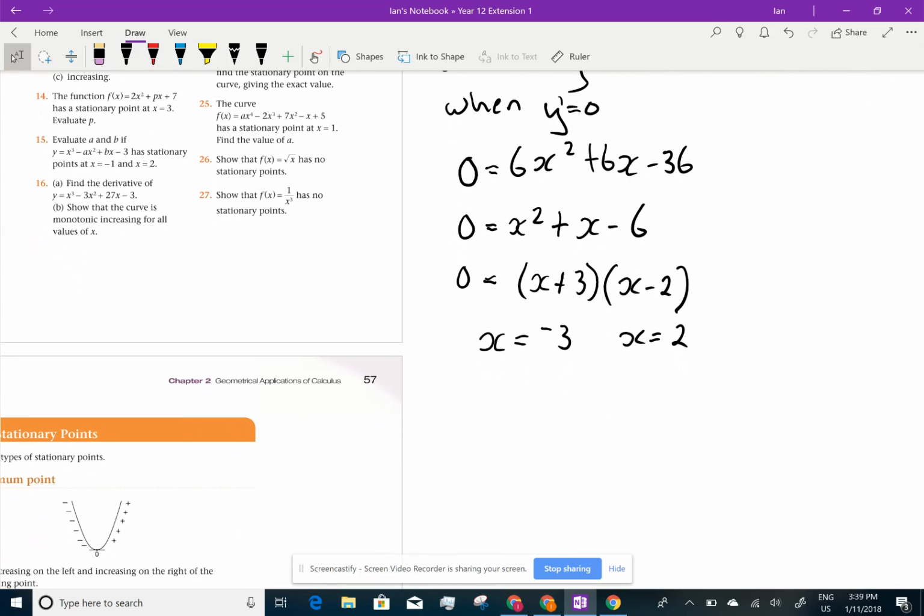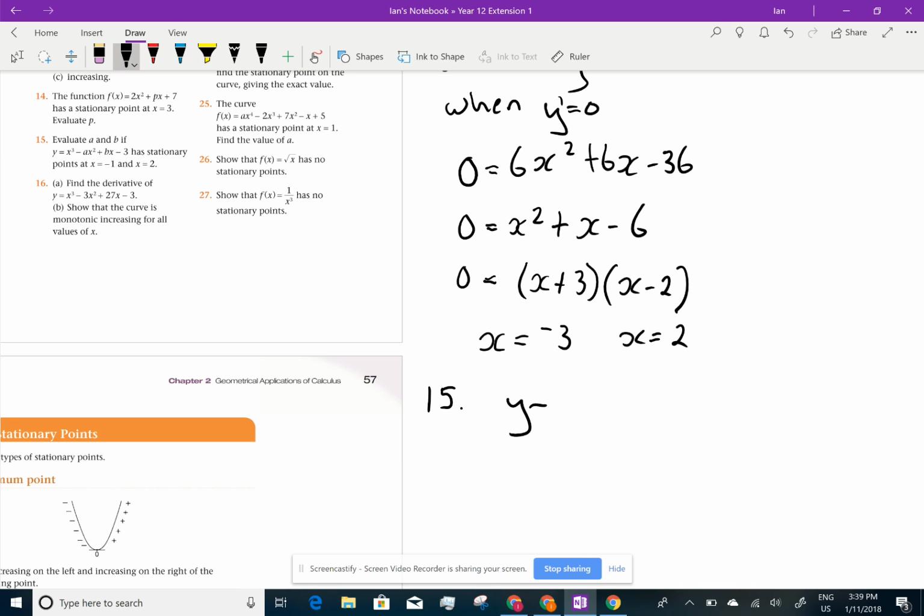And question 15 says, evaluate a and b if it has a stationary point at x equals -1 and 2. So what am I going to do? Here we go with question 15.